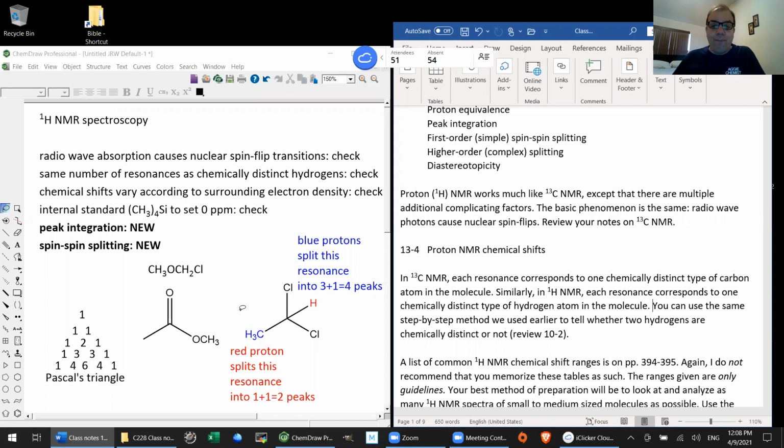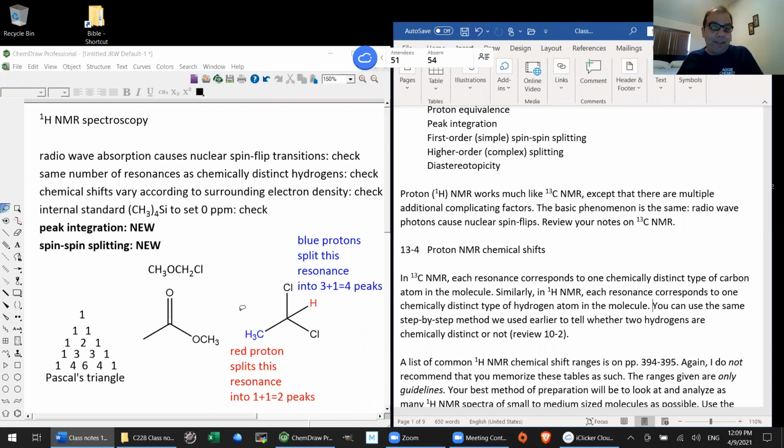You'll recall, I hope, that you can look at the periodic table and pretty much every element that is reasonably stable, I guess this wouldn't apply if it's radioactive and has a half-life of 4 milliseconds or something like that, but other than that, every element in the periodic table should have at least one isotope that's NMR active.